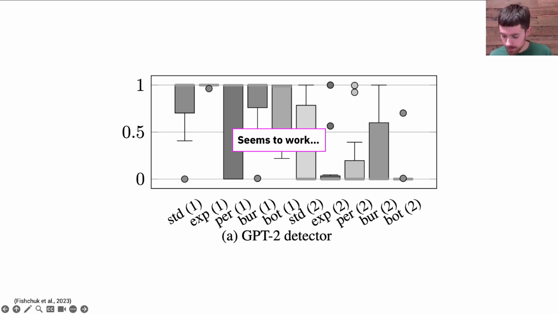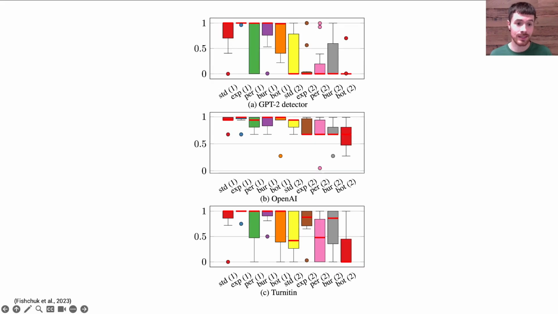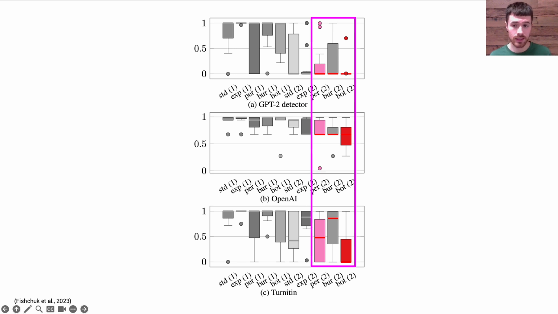Maybe not so much, because what I haven't told you is that this is just the GPT-2 detector, but there's other detectors, of course, and the results are not so conclusive if you look at the other detectors. So just look at the thing I was showing you a second ago. If we look at the GPT-2 detector, very good in terms of evasion, right?